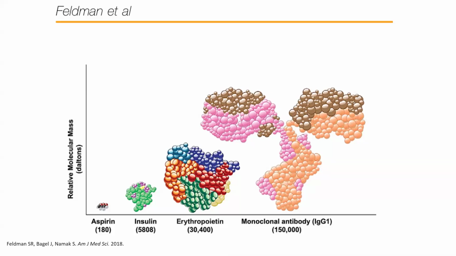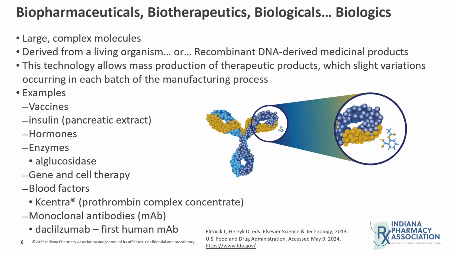Now you can see the monoclonal antibody is over 100 times bigger or larger than our typical aspirin molecule. And I feel like, moving through school and just trying to understand biologics, it was hard to wrap my mind around the large molecules. I prefer my molecules to be less than 500 Daltons, which is sort of like a Lipinski rule of five joke, but we'll keep going.